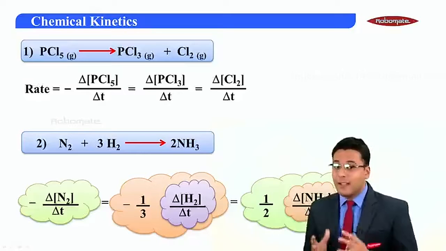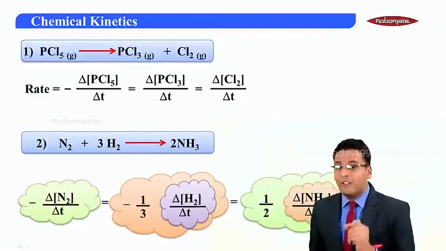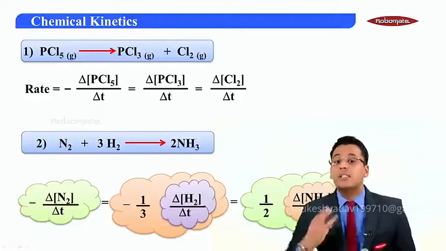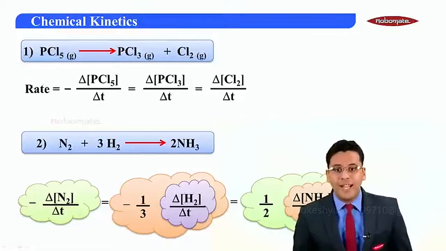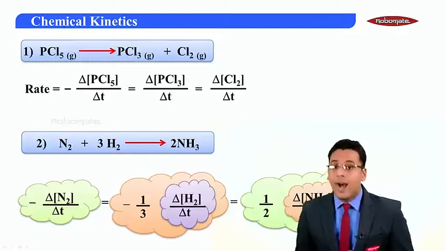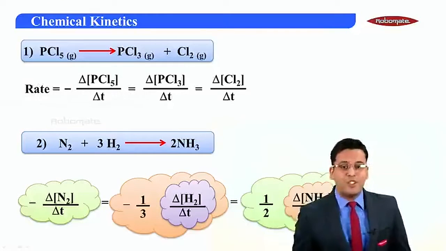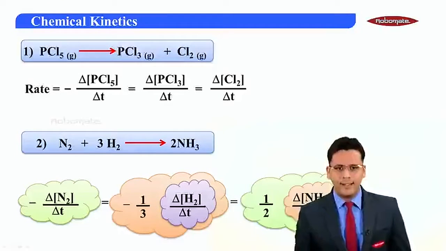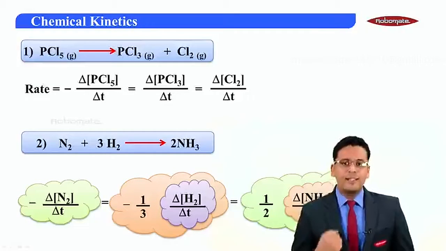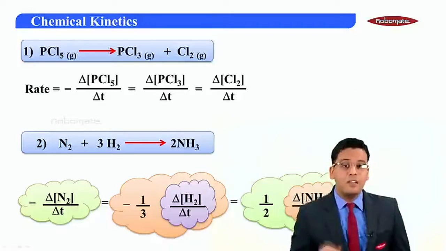And it makes a lot of sense because when one molecule of nitrogen reacts, 3 molecules of hydrogen react, which means hydrogen is reacting thrice as fast as nitrogen. Or I can say that nitrogen is reacting at 1/3 the speed of hydrogen.